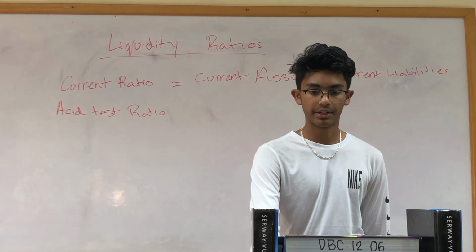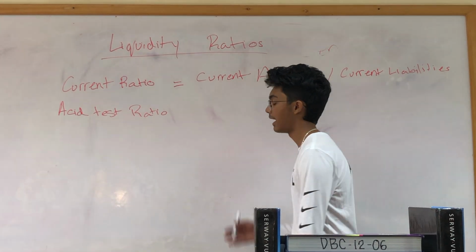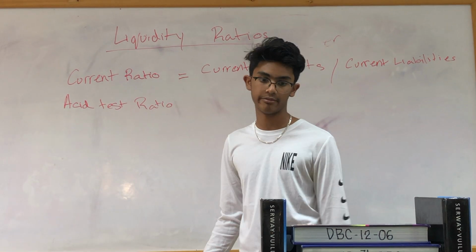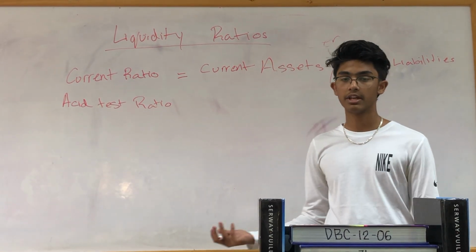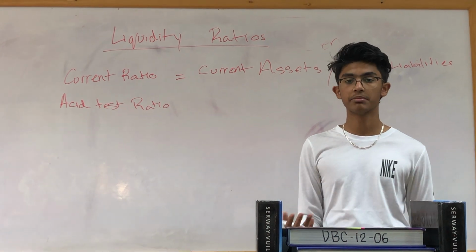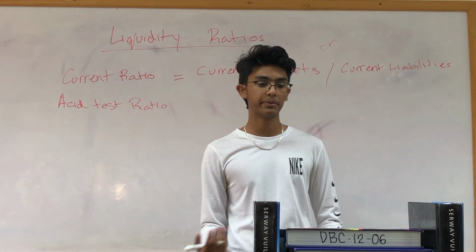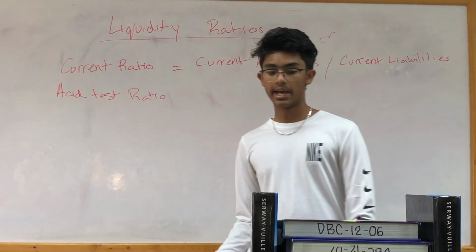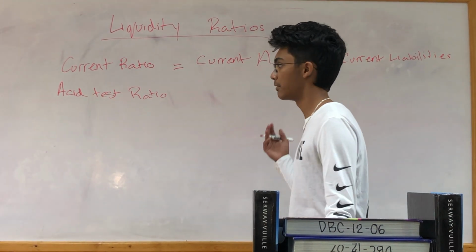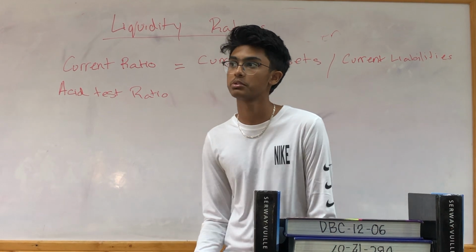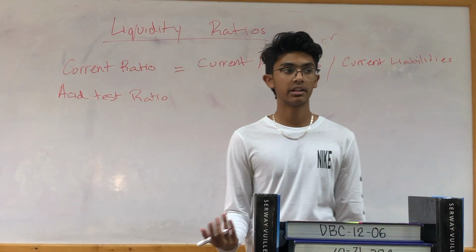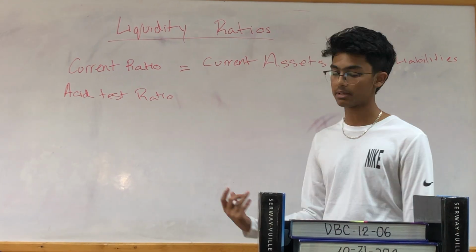Before we move on to the other one, we're going to talk about possible ways to improve our current ratio. First, we have to improve the credit system that we show to other companies or other people, to show how we can pay off our debts if we're using a loan. And we can use the sale of our unused assets, which are assets that the company does not use anymore, and you can sell them even though they might not be sold at the same price as before.